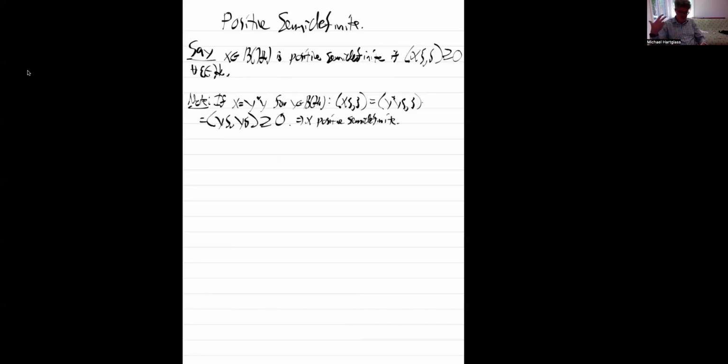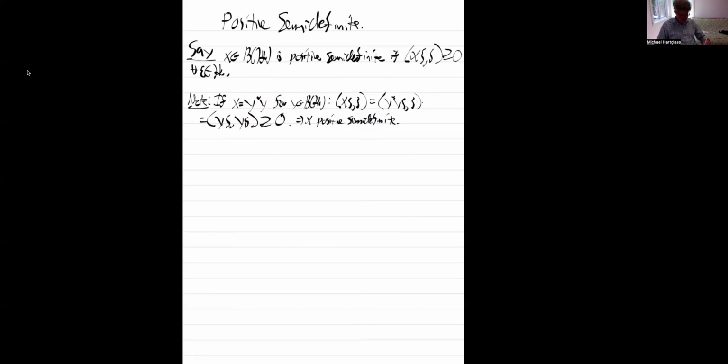And there is some intuition here if you just think about complex numbers, because this is sort of the analog of taking a complex conjugate times the number itself. And hopefully we know from our complex variables classes that that is just the absolute value squared. Complex numbers is something positive. So this notion does carry over to operators.